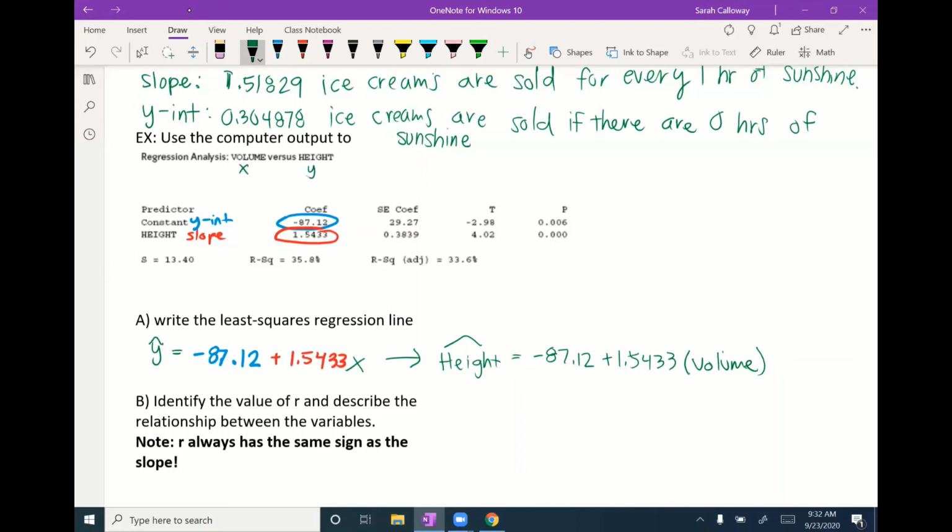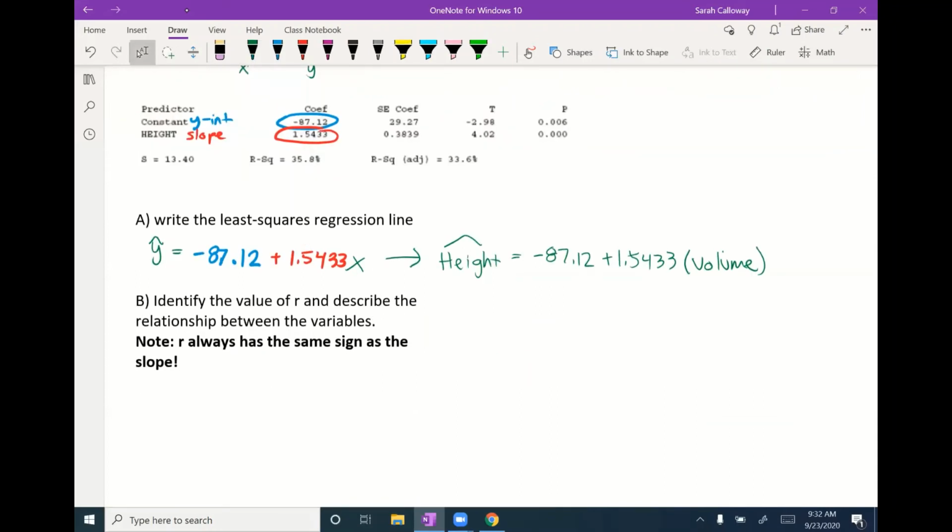The last thing that they talked about within this was looking at the r value. The computer output only gives us r squared. So r squared is 35.8%, which means that r squared is 0.358.